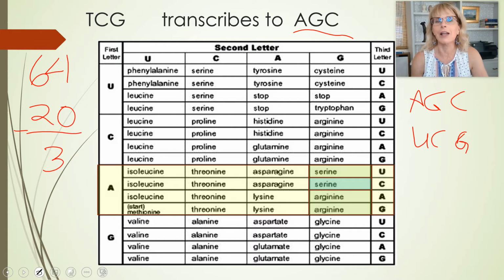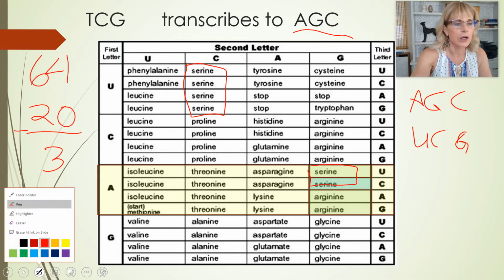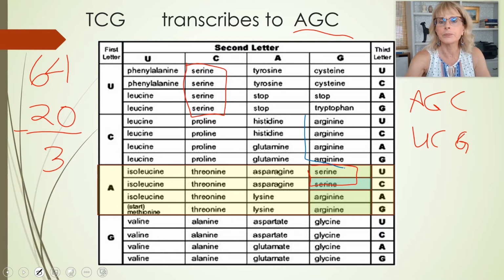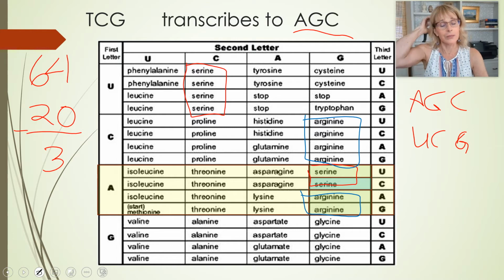But that's not the way life has organized it. How has life organized it? Life has organized it so that really important amino acids like serine or arginine get many more codons assigned to them. How is that helpful?